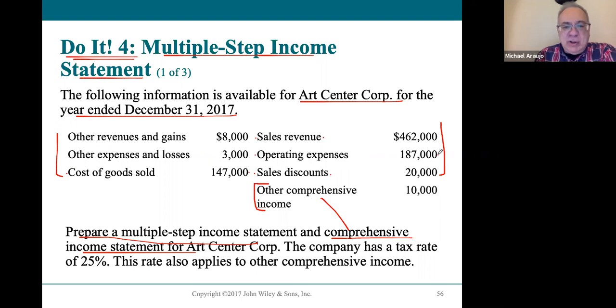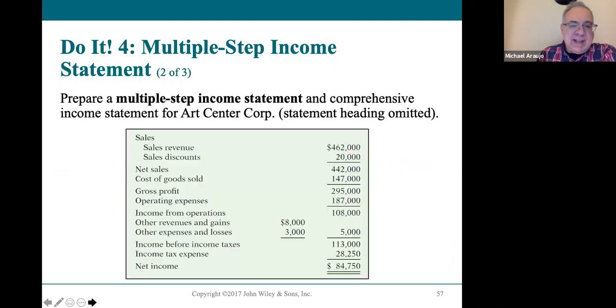That gives you your income from operations. From your income from operations, you add the other revenues and gains and subtract your other expenses and losses. And that gives you your profit before taxes. In this case, you're estimating that 25% of that profit is going to be taxed. So it's going to be a tax expense, and the rest is your net income. That's how you explain it. This is how it looks.